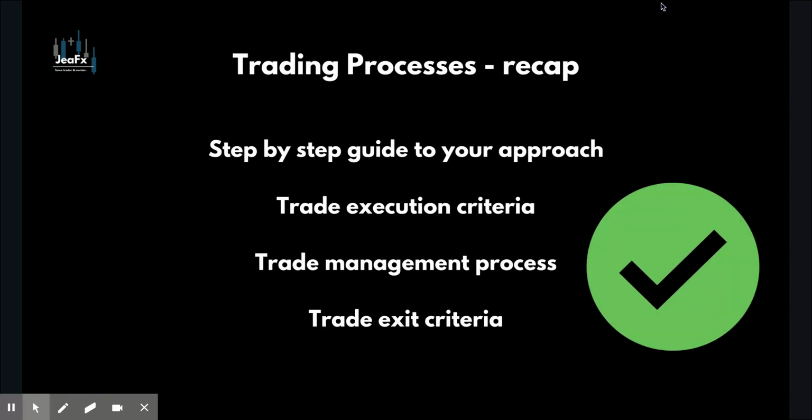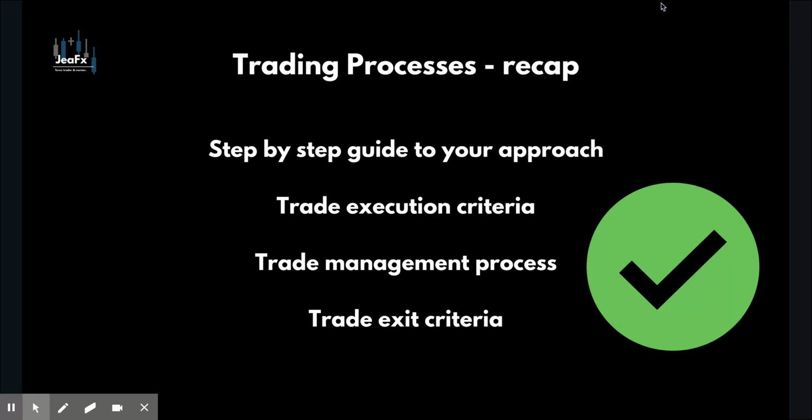So to recap then, trading processes, we're looking for a step-by-step guide to our technical approach, right? That includes trade execution, the actual criteria it takes to enter a position, trade management, the processes that we're going to follow when we're in a position to make sure we cut risk and maximize our profitability using stop loss and take profit utilization.